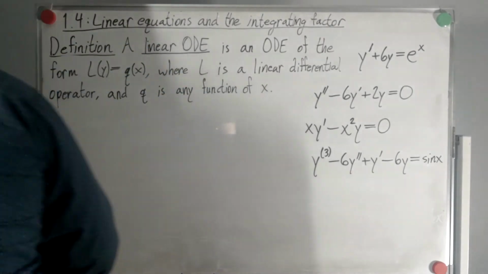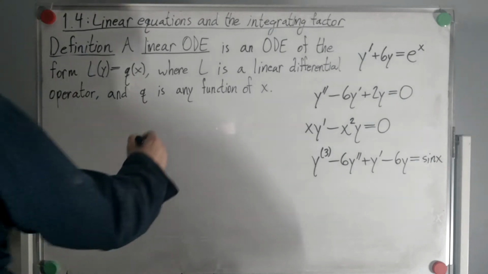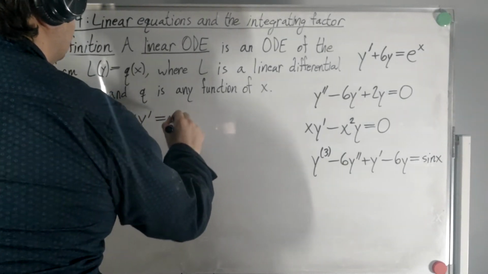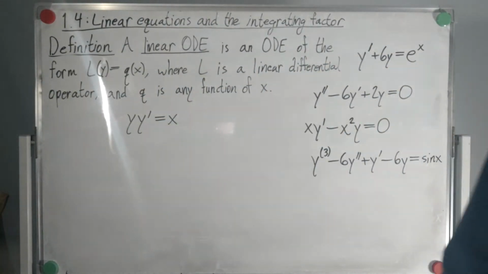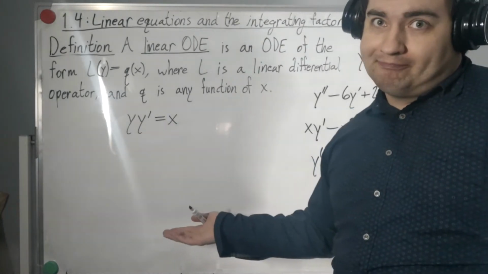Some examples of ODEs that are not linear could be something like when you have y times y prime. That's nonlinear because it's not a linear combination of y and its derivatives.